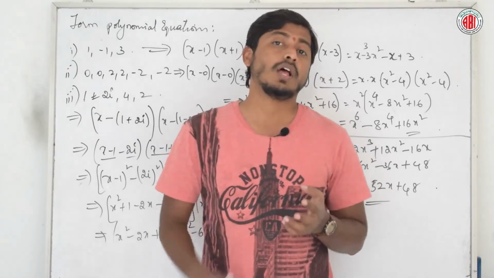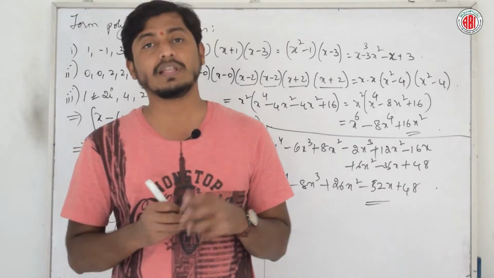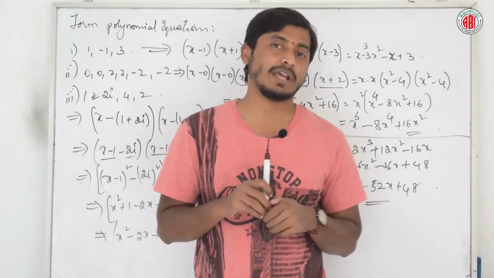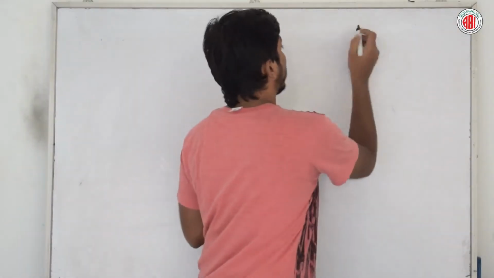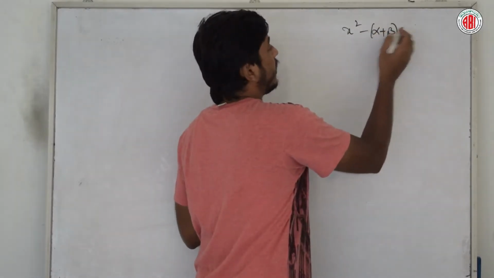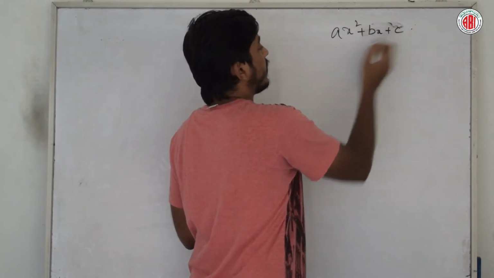Yes. So how do we find the roots? How do we find the relationship between the roots of higher order equations? Shall we do now? Let's do. Now just tell me, what is sum of roots and product of roots for standard equation? Let me say ax square plus bx plus c.